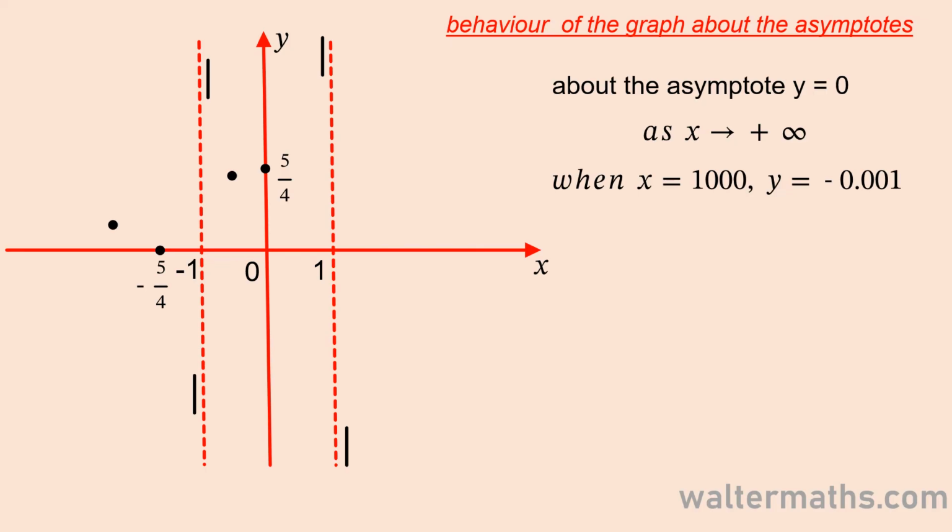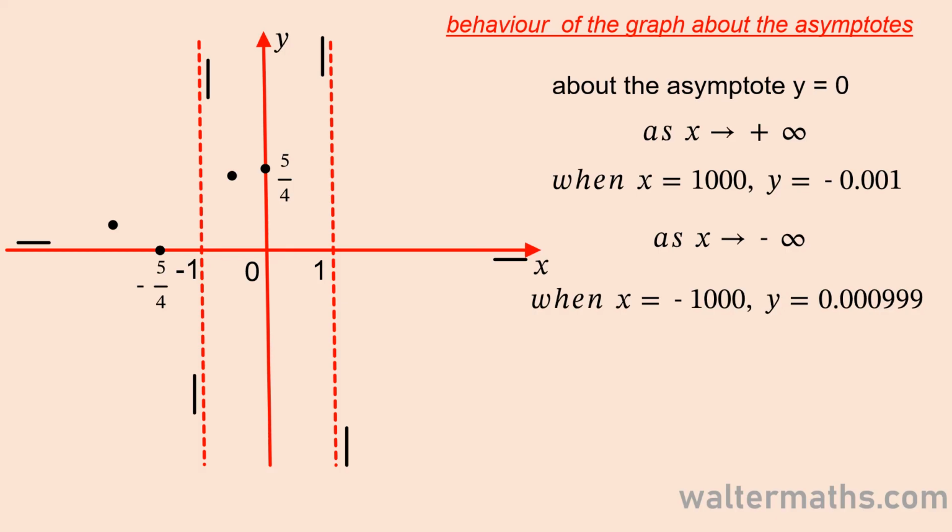So it should be coming from down here, just slightly below the x-axis. And as x becomes very small, that is as x approaches negative infinity, I'll take a value like x is equal to minus 1000, substitute it into the equation, and I get that y comes out as 0.000999, which is slightly above the x-axis, so somewhere here.